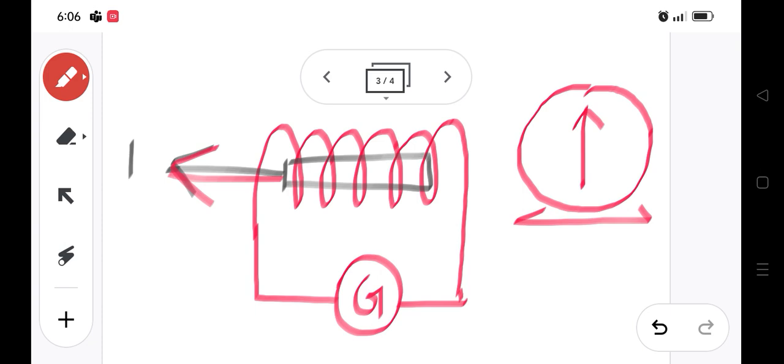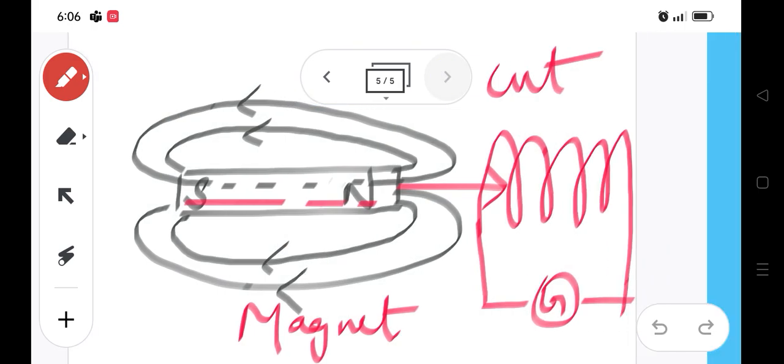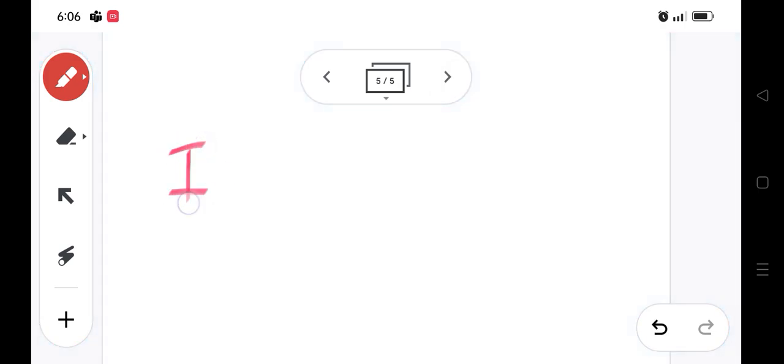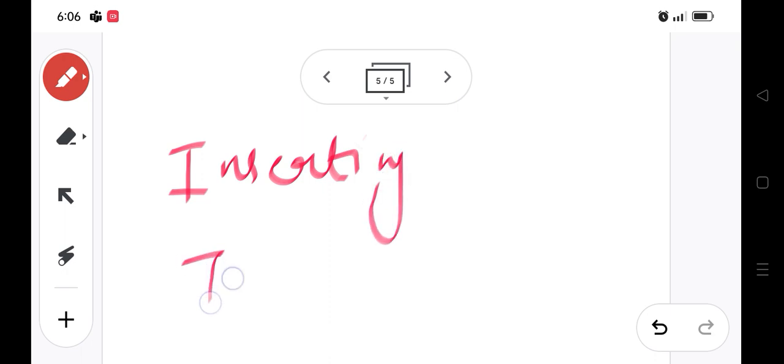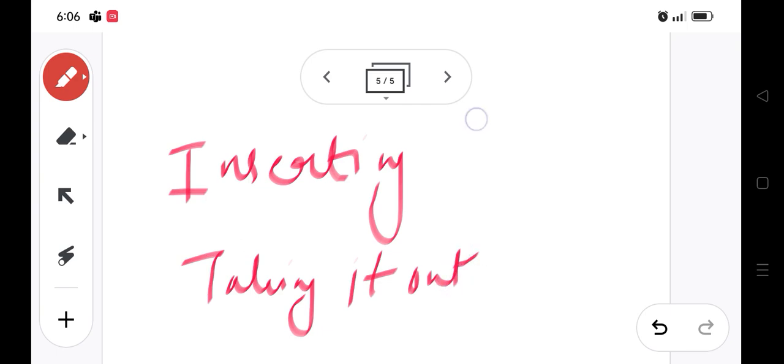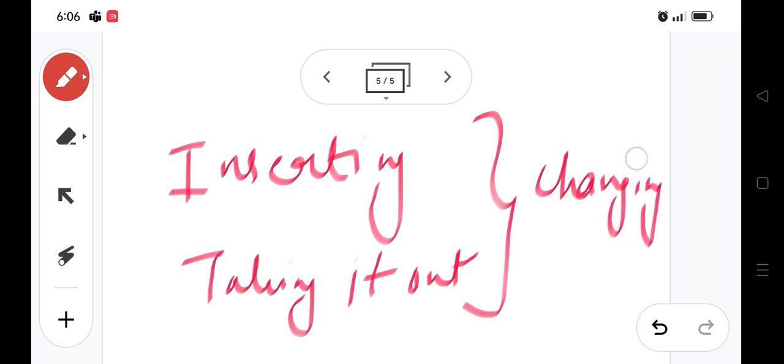So basically when we are inserting this magnet as well as taking it out, the field lines linked with that magnet are changing. Okay. These field lines get changed.